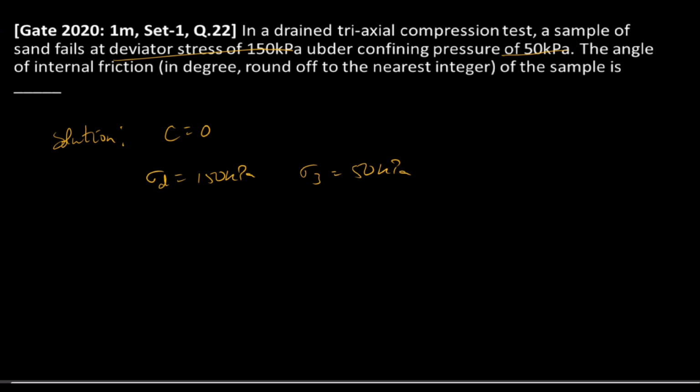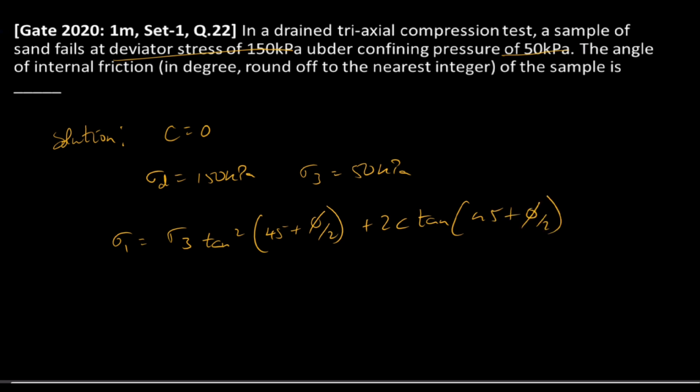So from the stress relationship, we can get sigma 1 equal to sigma 3 tan square (45 plus phi by 2) plus 2c tan (45 plus phi by 2). So here c is equal to 0, so we can neglect the second part of the equation. Okay. So sigma 1 will be equal to sigma 3 plus sigma d, which is nothing but 150 plus 50, that is 200 kilopascal.